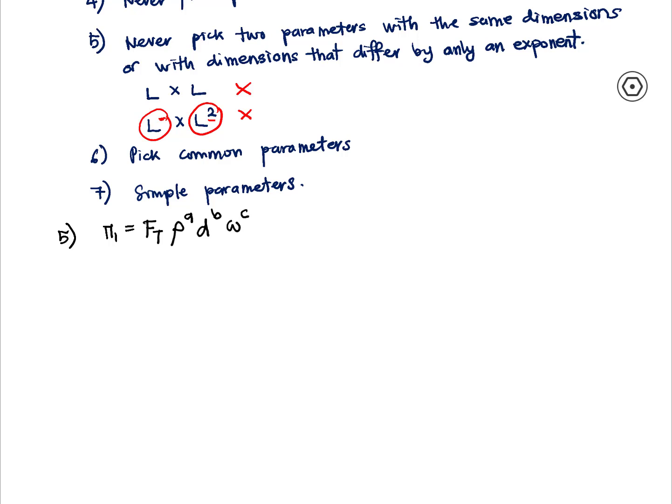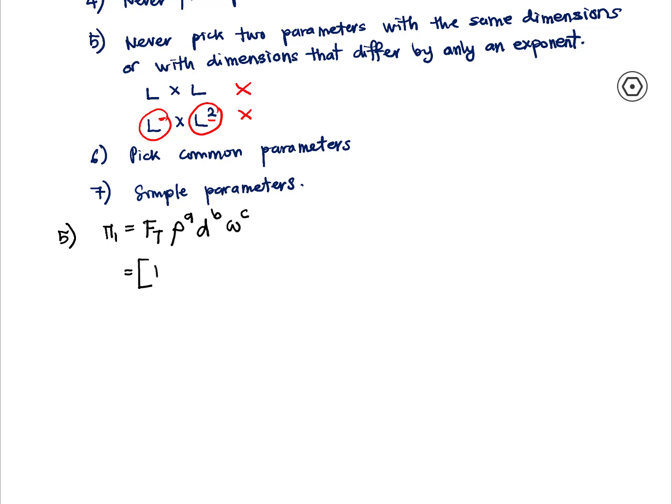Okay, then we substitute. You need the dimensions for all of these parameters.